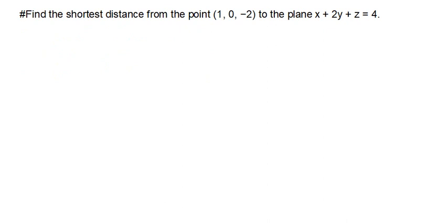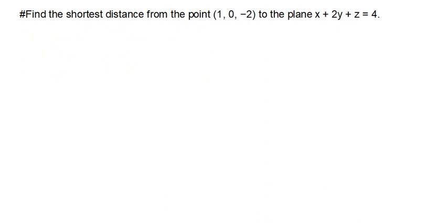Okay, so we have this point here and this plane. How do we then go about that one? To find the shortest distance, what you need to do is to minimize the distance from that point to that plane.